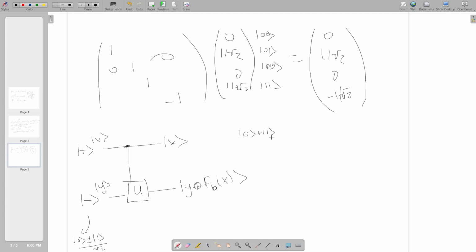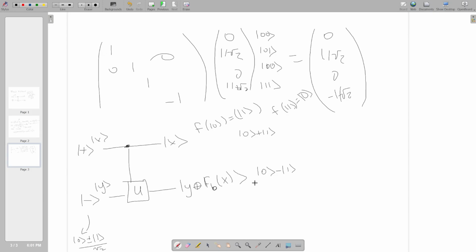I'm going to ignore once again the probabilities or the amplitudes. And then, all right, let's suppose that this unitary will flip it, let's just suppose it's basically the inverse. So f of 0 equals 1, f of 1 equals 0. So let's just assume that's what the function does.